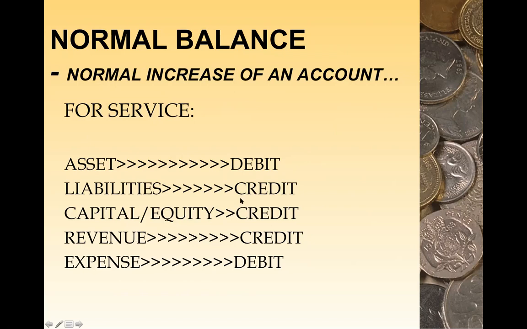So same goes with the expense account. Once na sila ay nade-debit, lumalaki at pag nakikredit, nababawasan. Pero ang liabilities, ang capital at ang revenue accounts, credit naman ang kanilang normal balance. So once they are debited, nababawasan naman sila. So yun ang ibig sabihin ng normal balance.